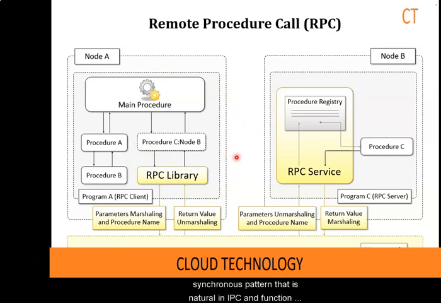RPC maintains the synchronous pattern that is natural in IPC and function calls. Therefore, the calling procedure thread remains blocked until the procedure on the server process has completed its execution and the result, if any, is returned to the client.